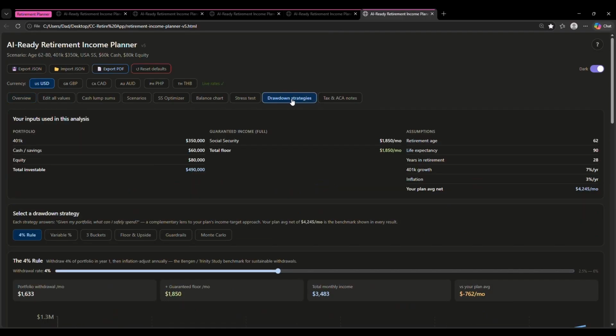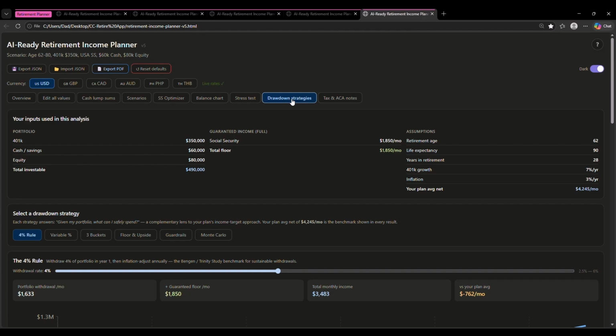This assumes that we've already worked on our monthly income strategy in the normal way, and now we're testing it against these other strategies to see how it performs against other very popular retirement income strategies. Let's start with the 4% rule, probably the most cited number in all of retirement planning.